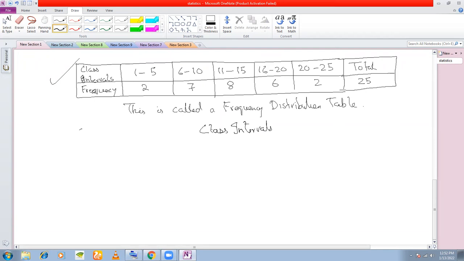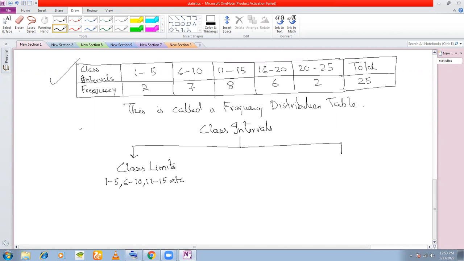You see these are class intervals 1 to 5, 6 to 10. These are of two types. One is called the class limits. And class limits, you can have intervals like this: 1 to 5, 6 to 10, 11 to 15, and so on.